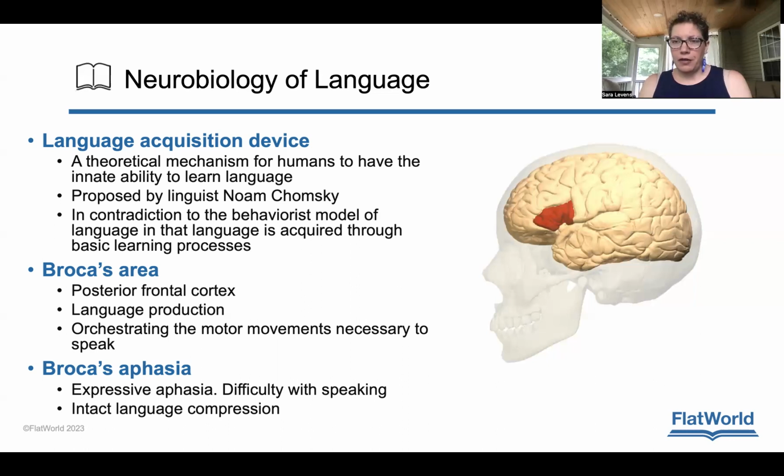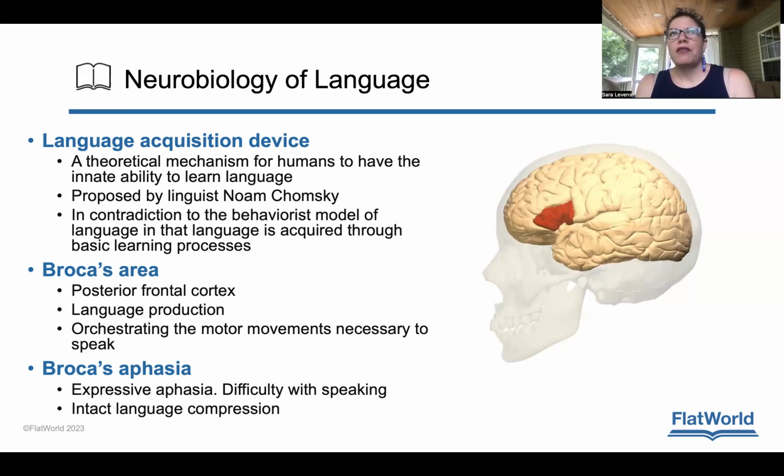There's a lot of individual differences: some people can learn languages quite easily and other people have a lot of challenges. So there must be some language acquisition device within the brain. A language acquisition device is a theoretical mechanism for humans to have the innate ability to learn language.